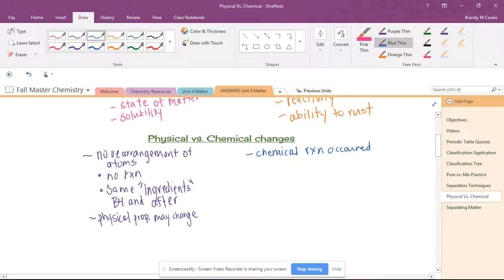So a chemical change occurred, meaning the atoms are rearranged via a chemical reaction. We can write chemical equations. So say, for example, I have element A chemically bonded to element B. So that's compound AB. And then they separate and they become element A and element B.